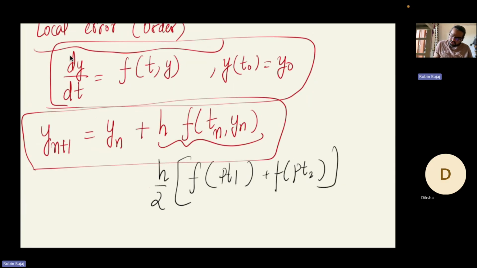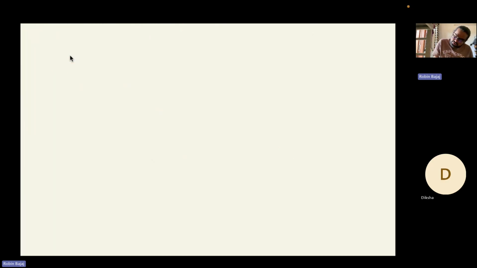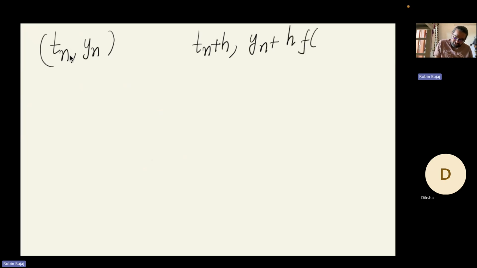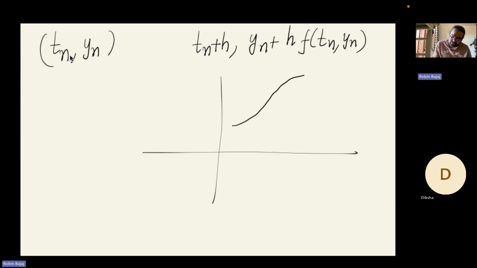Now, what are the points that they take? One is the same, which is t of n, y of n. Another is t of n plus h, comma y of n plus h times f of t of n, y of n. So if I draw it, let's say this is our function. At t of n, this is my y of n.